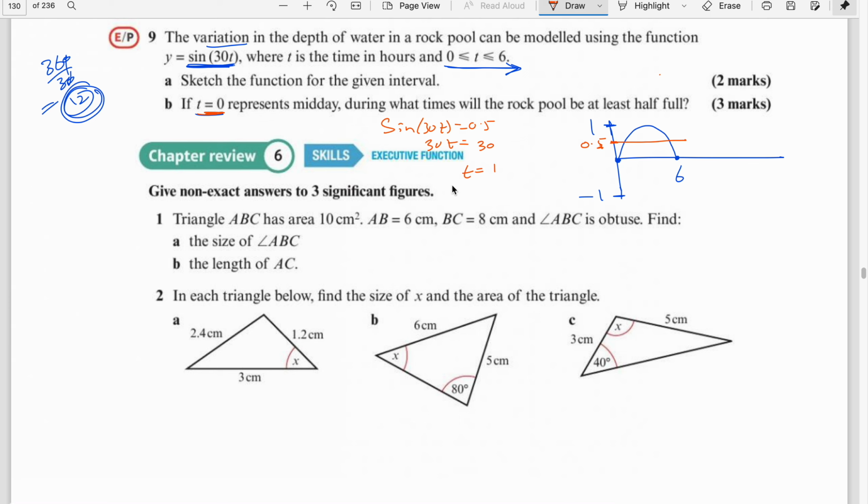Then t equals 1. So at t equals 1 it is half full, and on the other side we have to find it in both angles, both the quadrants. So if this is 30, this is 30, and that will be 150. So at 5 hours and 1 hour.